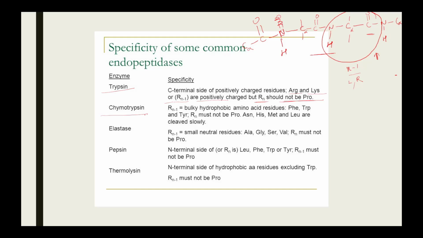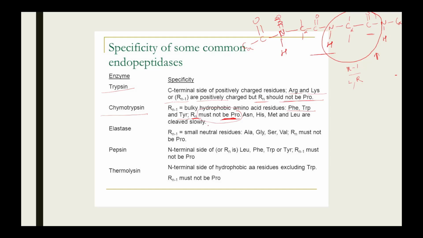In case of chymotrypsin, Rn-1 should be bulky hydrophobic amino acid residue, or we can say the aromatic amino acid residues that includes phenylalanine, tryptophan and tyrosine, and Rn must not be proline. Okay, here also this condition applies.